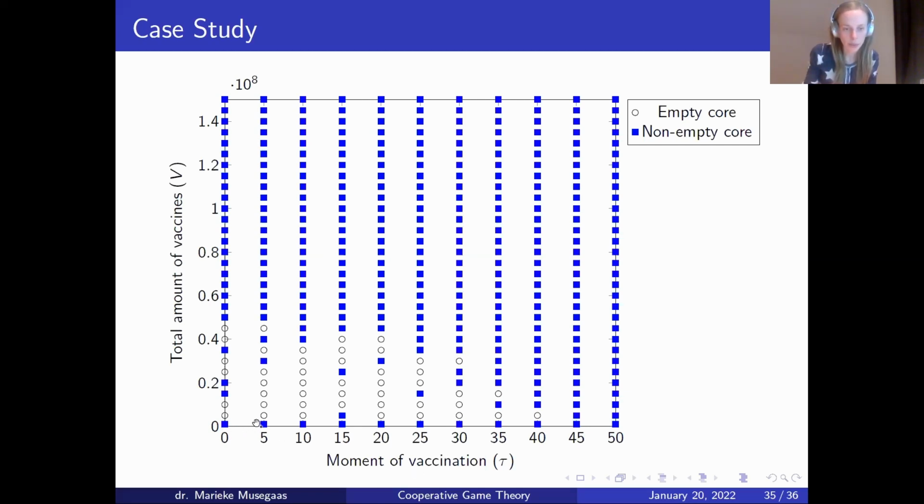And then what if we go over this moment of vaccination? You see that the later the moment of vaccination, the more down those blue squares go, right? So the earlier we have a non-empty core. Why is that? Well, it comes from this S-shaped return function. The later you are with vaccinating, the later you are in your S-shaped return function.